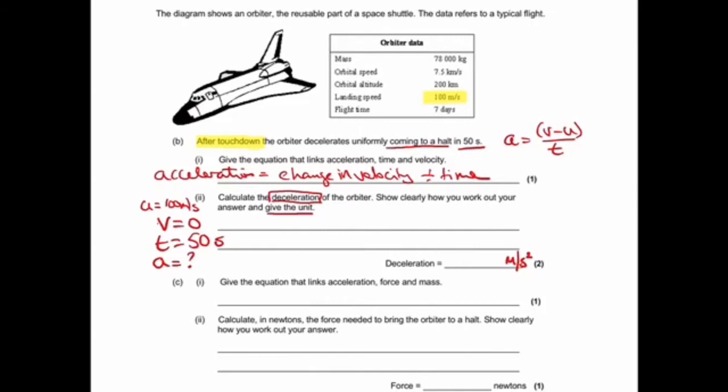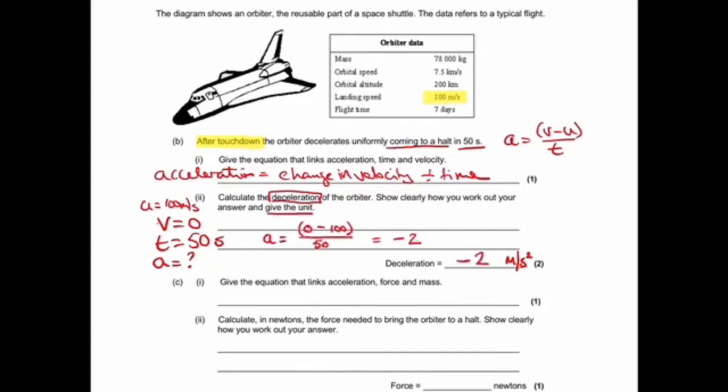We don't want the orbital speed because that's the speed before it lands. So we write down our data. We've got the equation already in the question before. Substitute the data in, work it out. And with this one, if you missed off the negative sign, that's okay. They don't mind if you've missed that off.